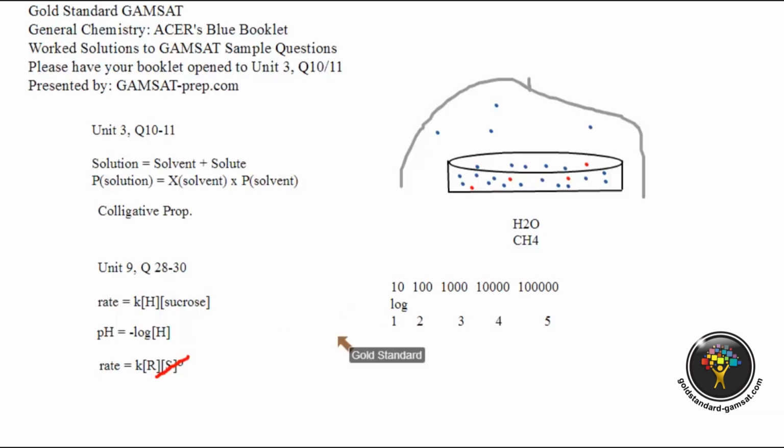Which of the following graphs represents a first order reaction? Okay, just to let you know, this type of question in question 30, and actually 28, 29, and 30, are all types of questions that come up relatively frequently, so you have to be very comfortable with it.